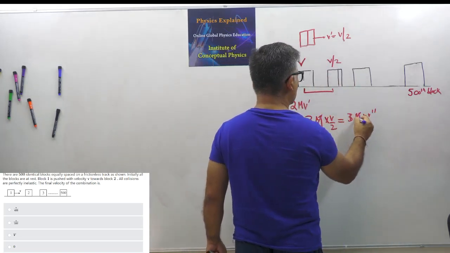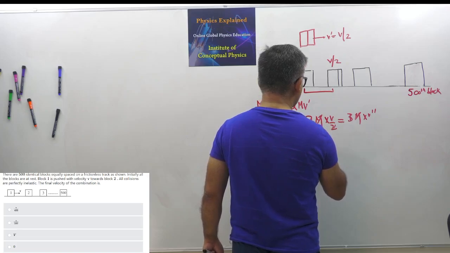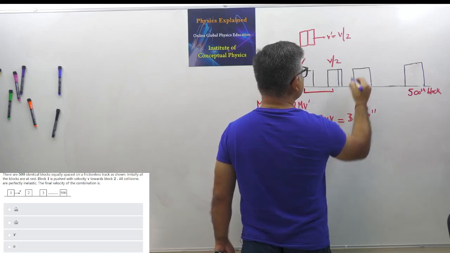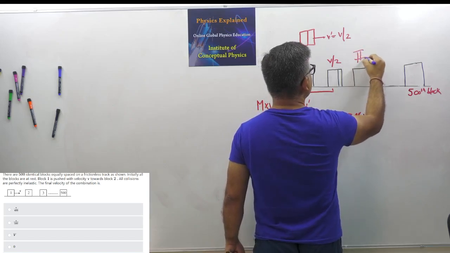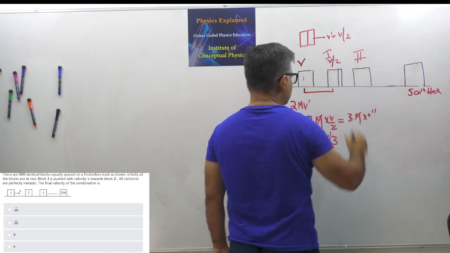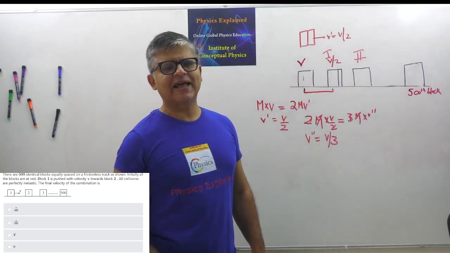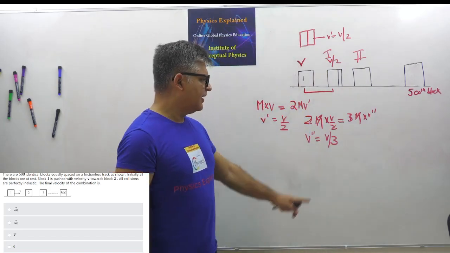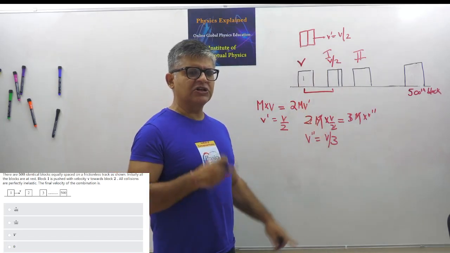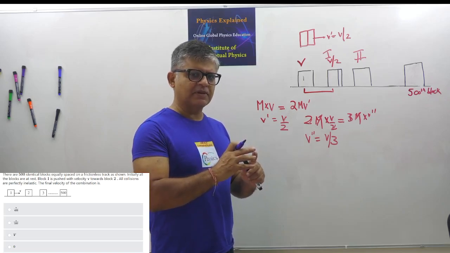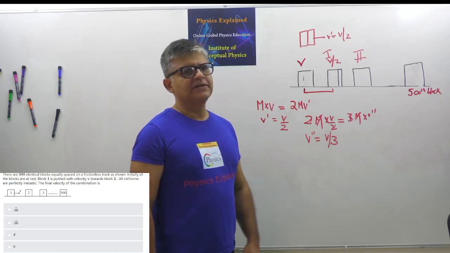So m goes away, 2 also goes away. The velocity of the combination at the second collision is v by 3. This was your first collision, and this is your second.